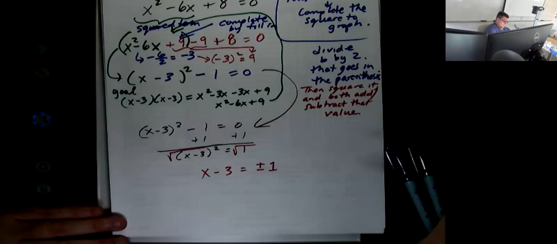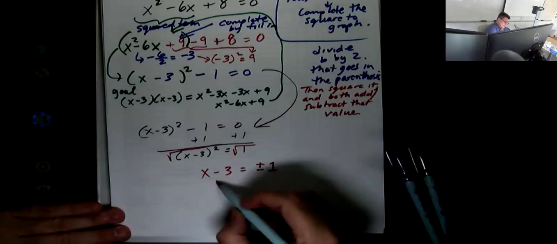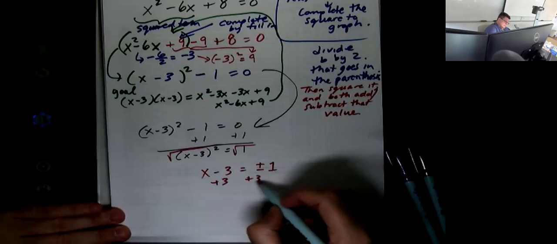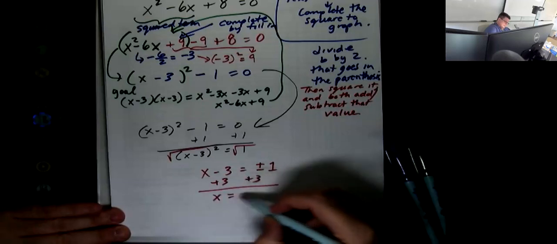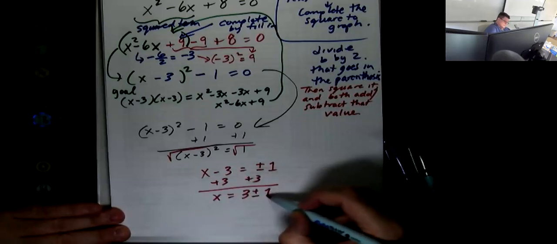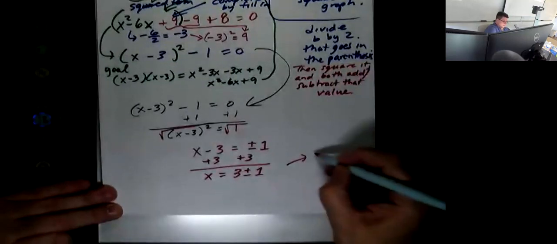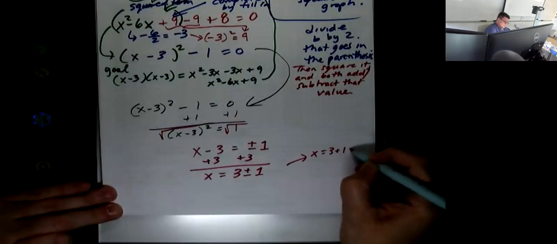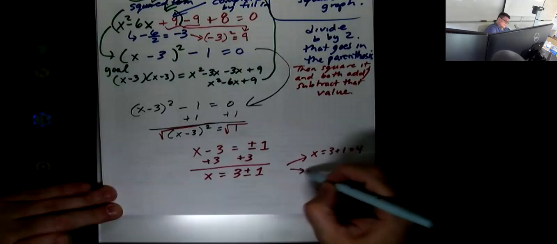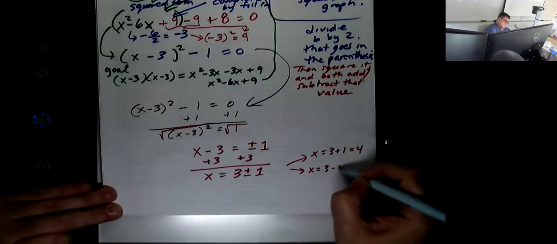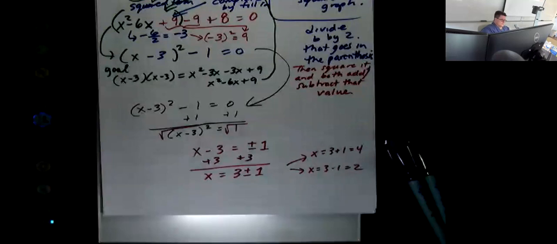Don't forget the plus or minus. And we add 3 to both sides, and I get x equals 3 plus or minus 1. 3 plus 1 is 4. 3 minus 1 is 2. And we knew 2 and 4 were the answers.